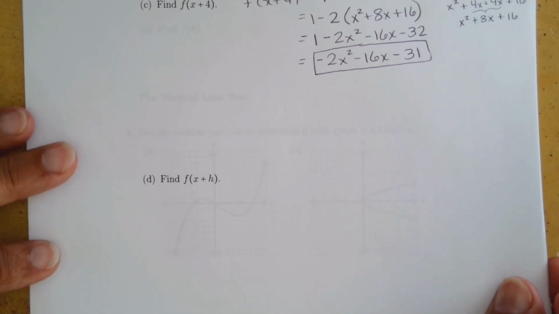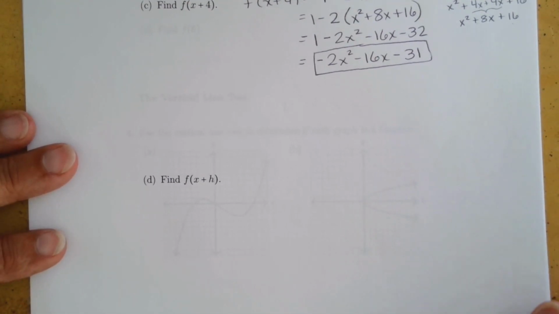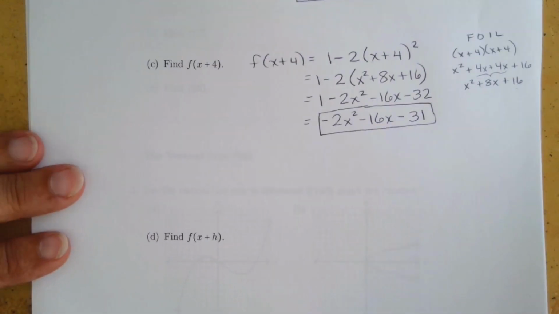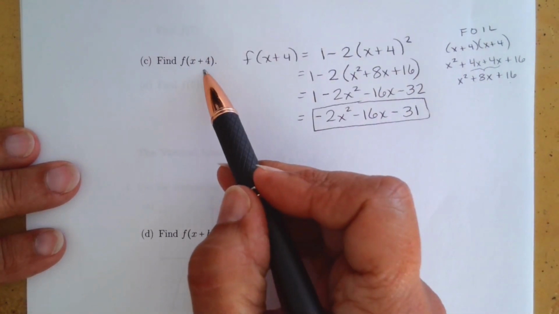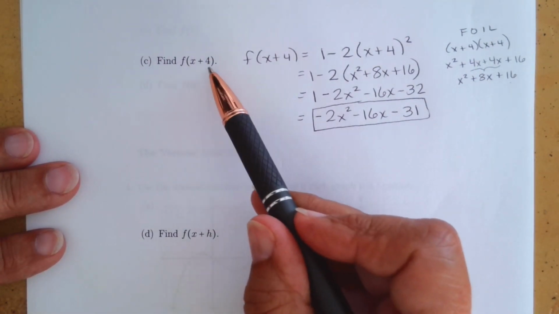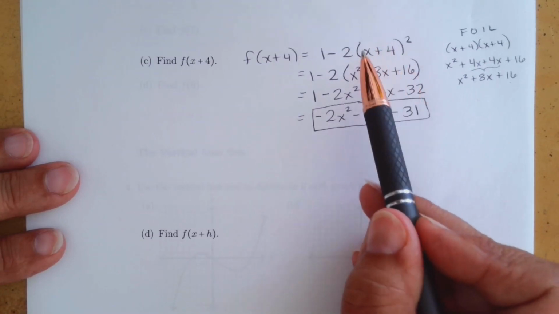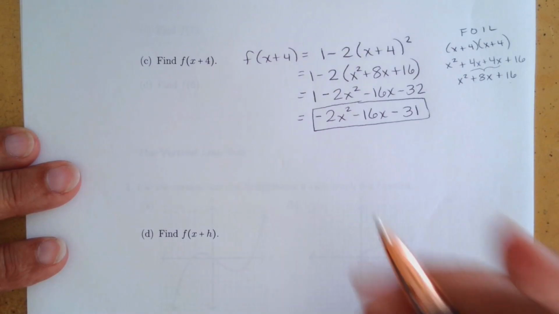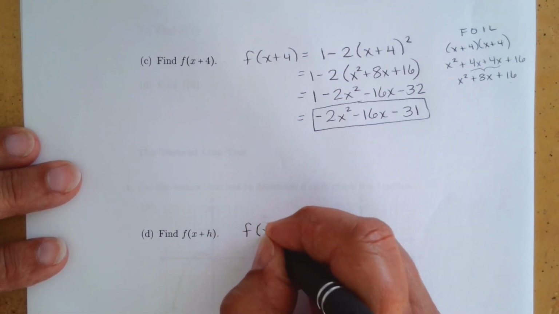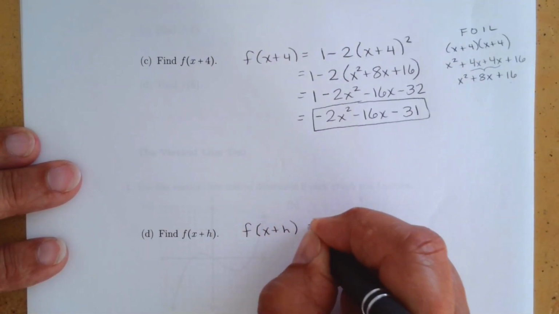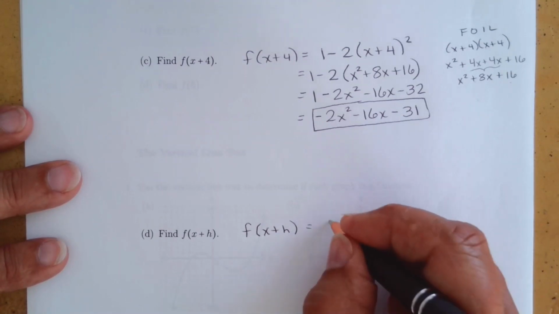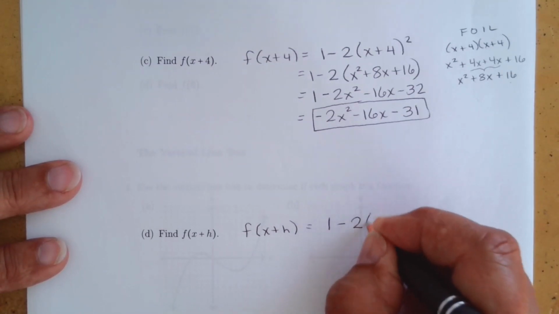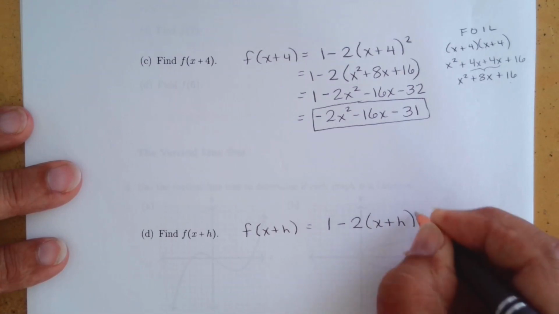All right, and then part D, find f of x plus h. So that's very similar to what we just did here, right? Instead of substituting in x plus 4 for the x, I'm going to substitute in x plus h. Okay, so it's going to look very similar to the one we just did. So that means take your expression 1 minus 2x squared, and in place of x, you're going to put x plus h.